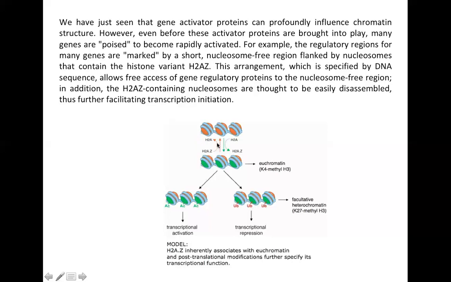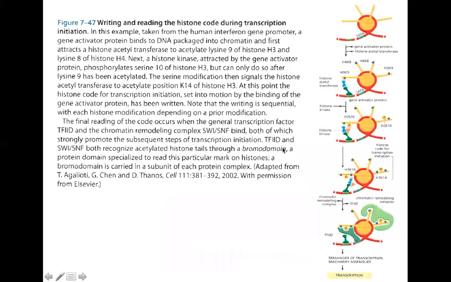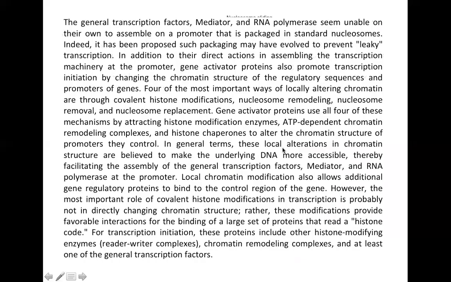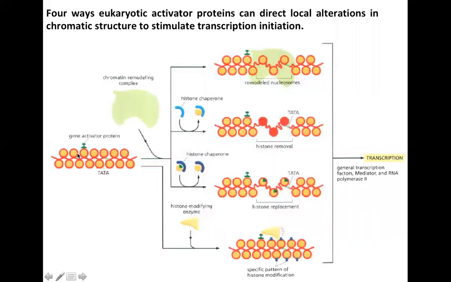So they can switch back and forth between these two forms, and these histone variants, H2AZ, are generally found in regions closer to where regulatory proteins bind. For example, in this region, this would be a nucleosome-free region, and it would be flanked by these H2AZ variant histones. Why?